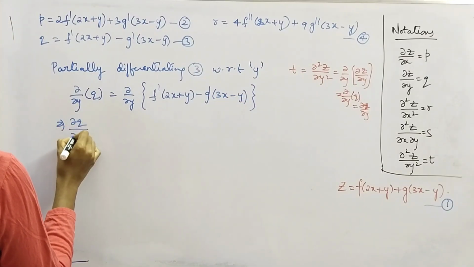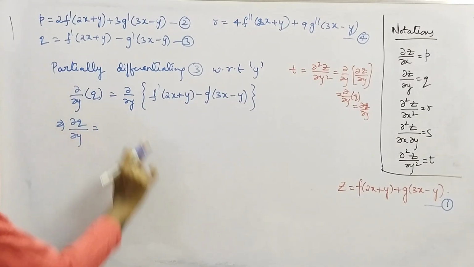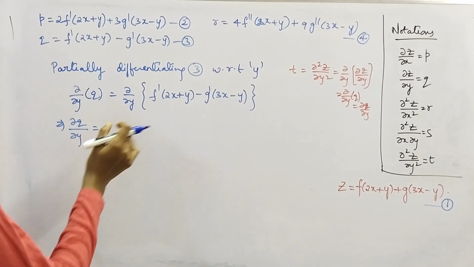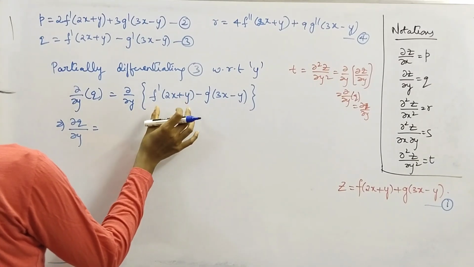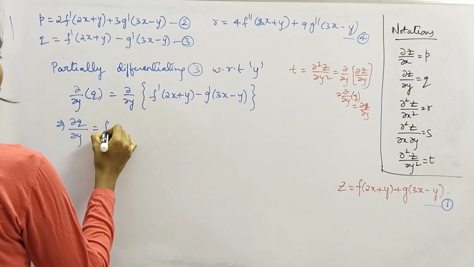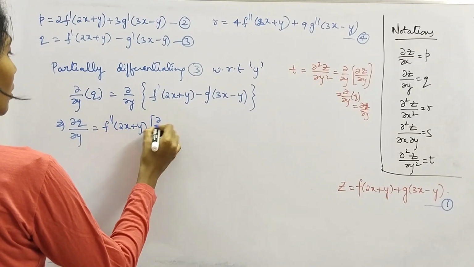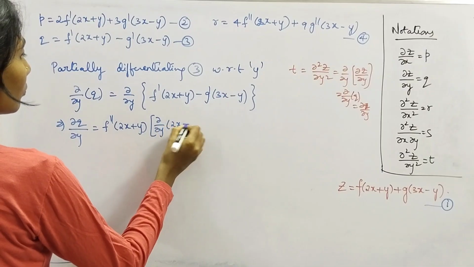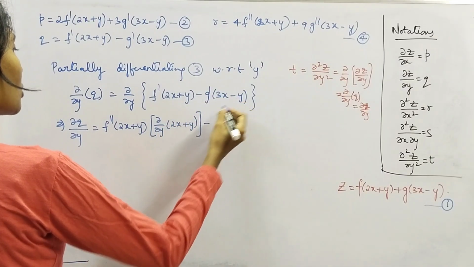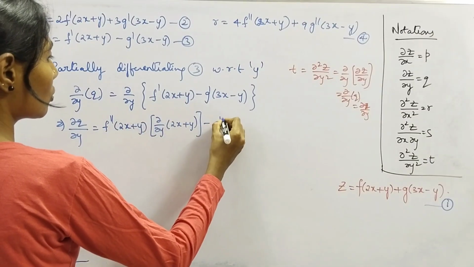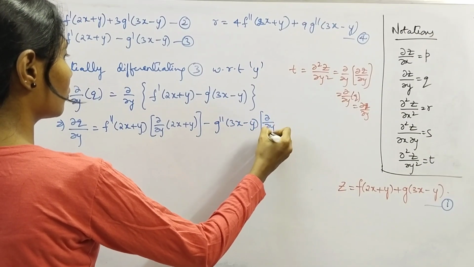This gives us ∂q/∂y equal to, here we are partially differentiating with respect to y, so we'll treat x as constant, the partial derivative of f' of (2x + y) with respect to y is f'' of (2x + y) into the inner derivative with respect to y, minus the partial derivative of g' of (3x − y) with respect to y, which is g'' of (3x − y) into the inner derivative with respect to y.